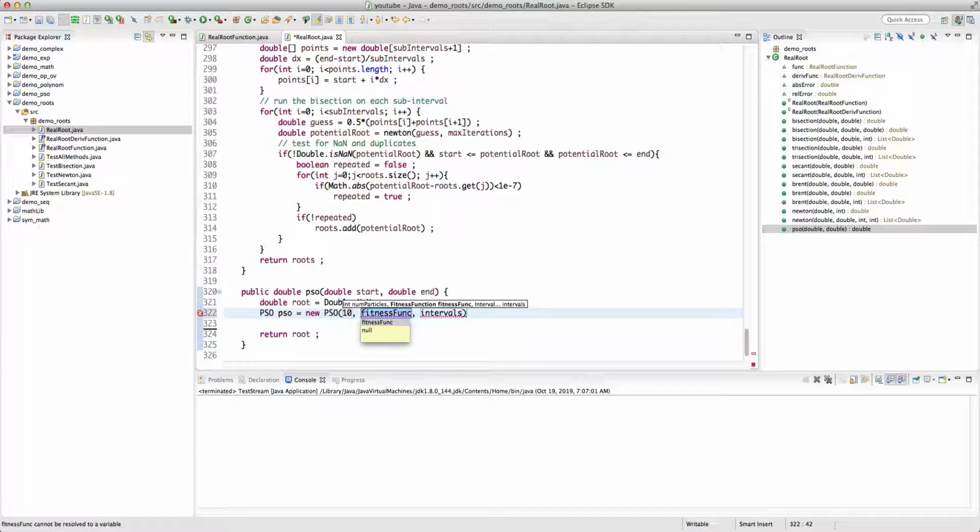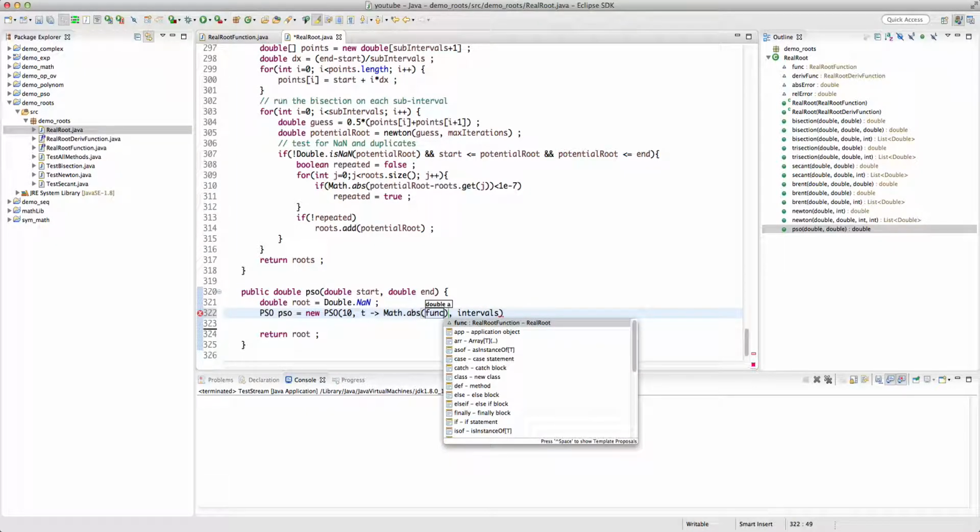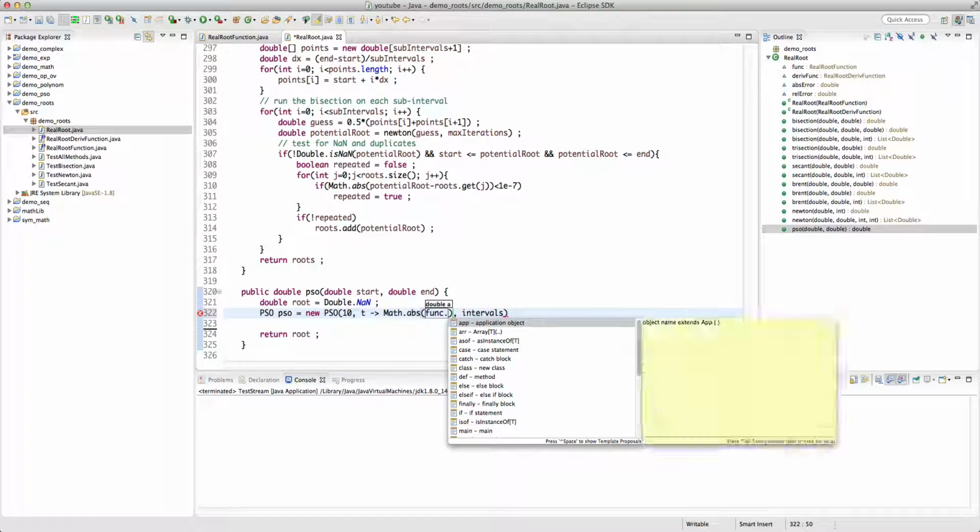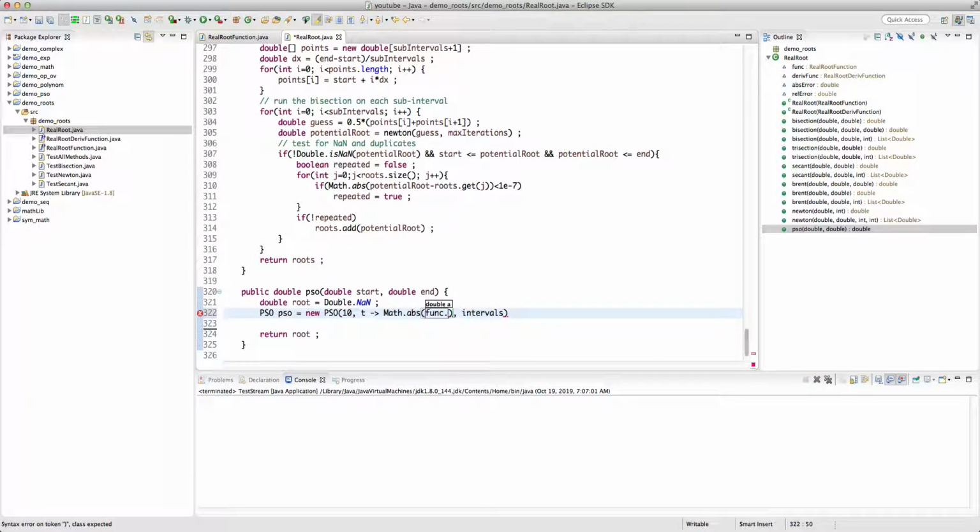Okay, fitness function, remember we have to take the absolute value of the function. So t goes to Math.abs of real root function, I think we called it func, real root function dot, I believe it was value t.